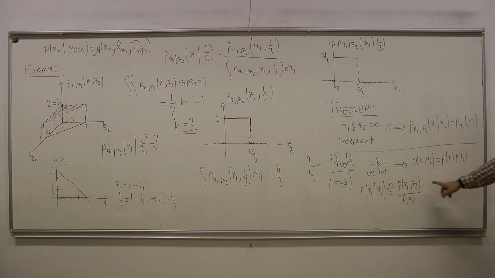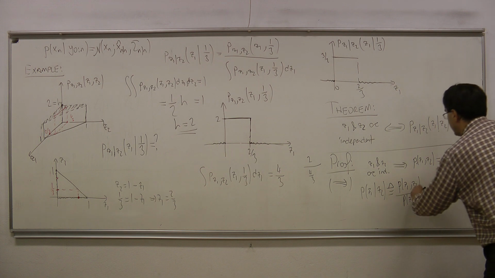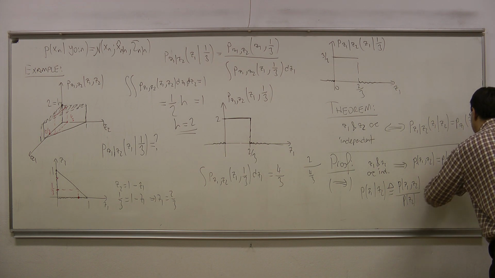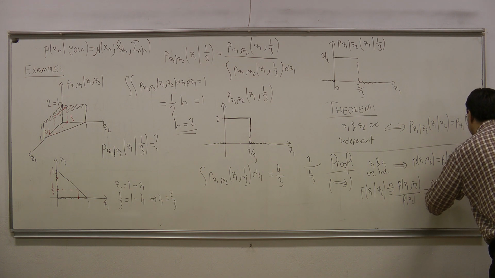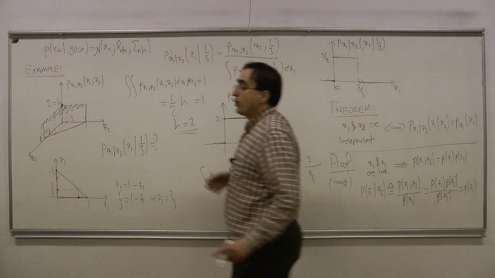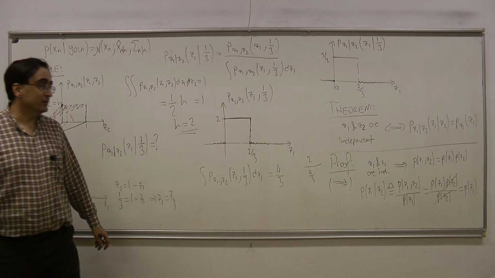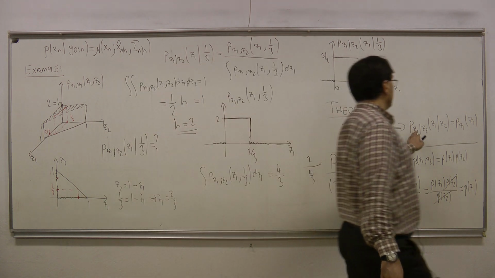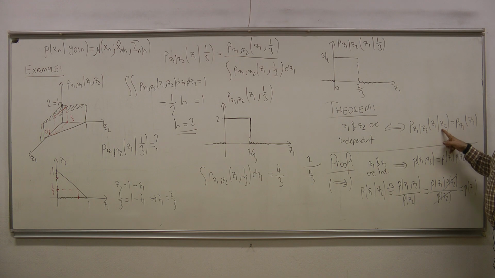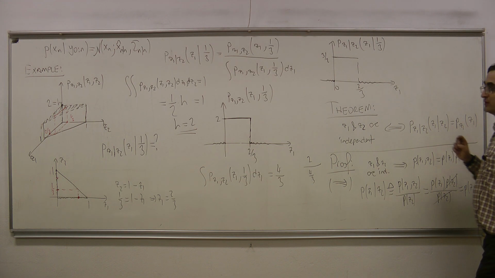Since the joint distribution factorizes due to independence, the P(Z2) terms cancel, and I have just P(Z1). So in the case of independence, the conditional distribution reduces to the marginal distribution, and I can remove this variable from the conditioning.